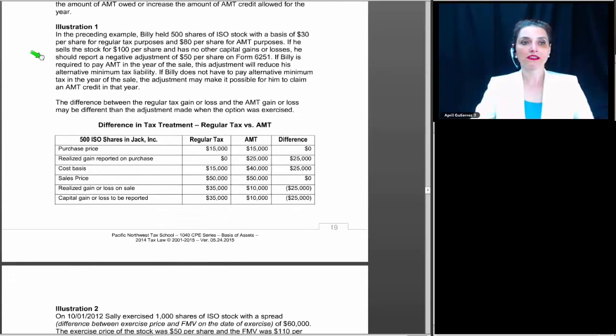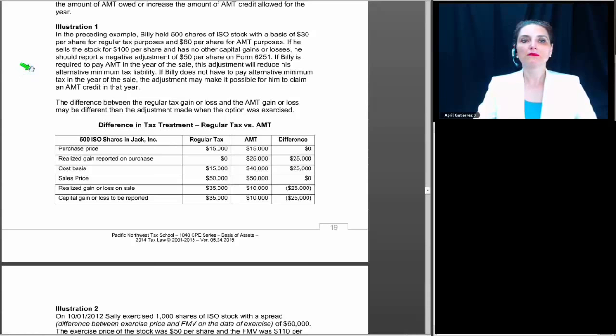And so here is an example on how that would work. In the preceding example, Billy held 500 shares of ISO stock at a basis of $30 per share for regular purposes and $80 a share for AMT purposes. If he sells the stock for $100 per share and has no other capital gains or losses, he should report a negative adjustment of $50 per share on Form 6251.